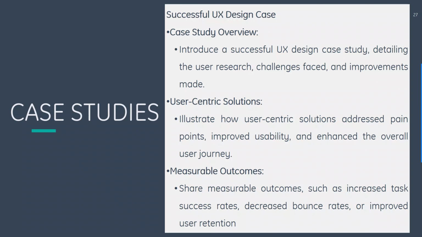Then we have user-centric solutions, which illustrate how user-centric solutions address pain points, improve usability, and enhance the overall user journey. Then we have measurable outcomes, where we share measurable outcomes such as increased task success rates, decreased bounce rates, or improved retention.